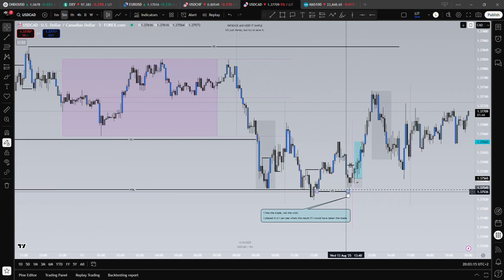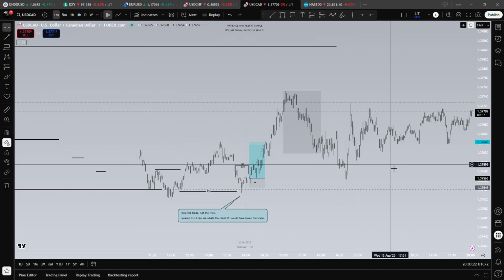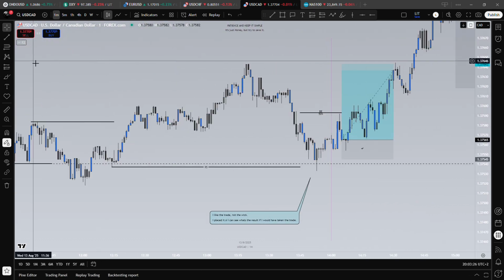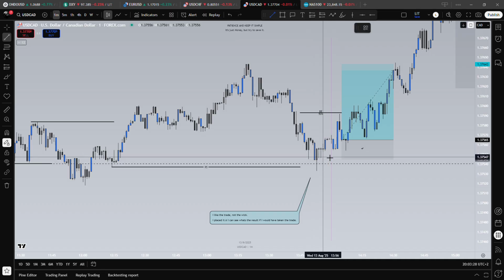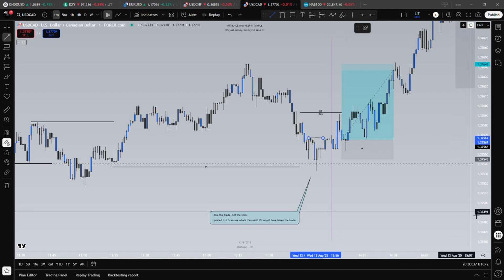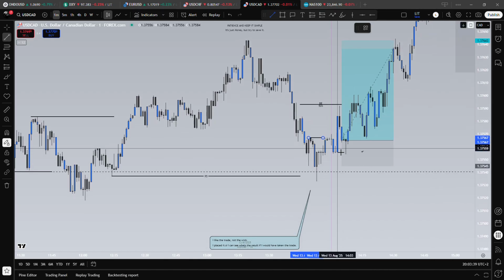So what was my entry? I waited for the previous daily low to be taken here. Break of structure, and then round liquidity on M5 being taken. And on M1, there was no engulfing candle, but I saw break of structure here.